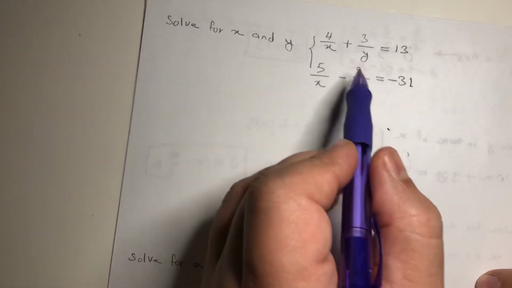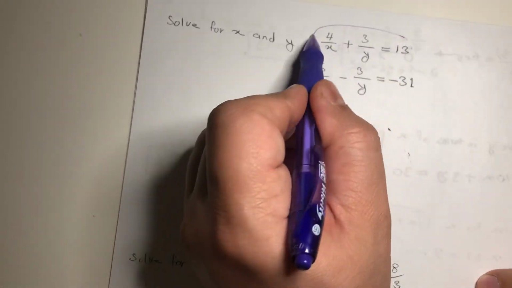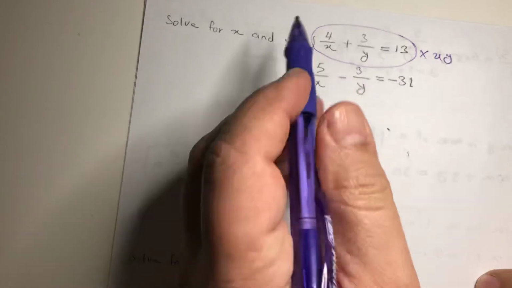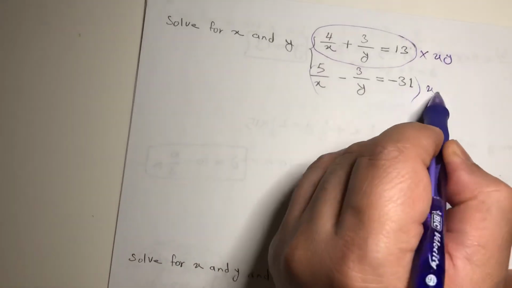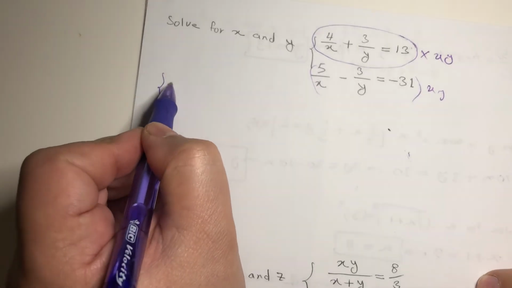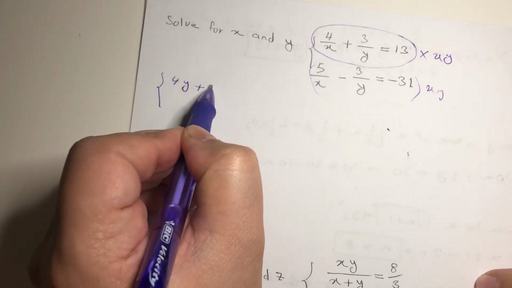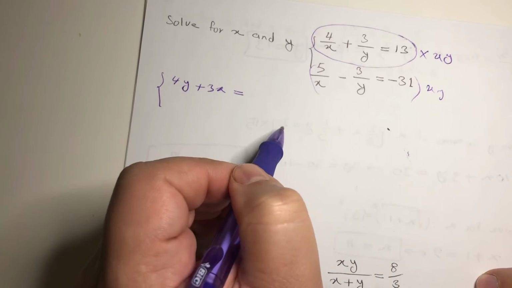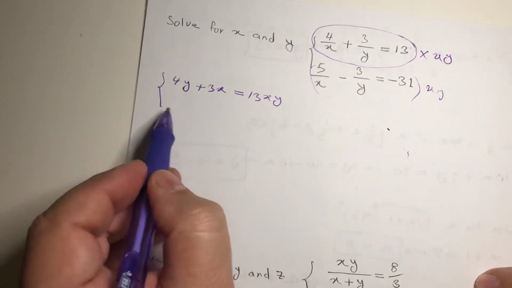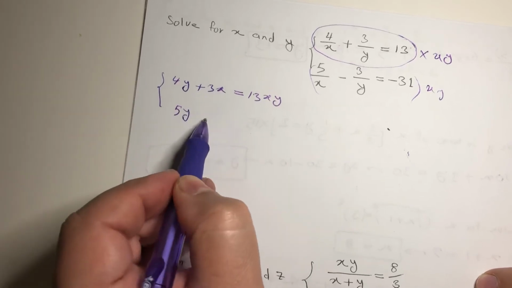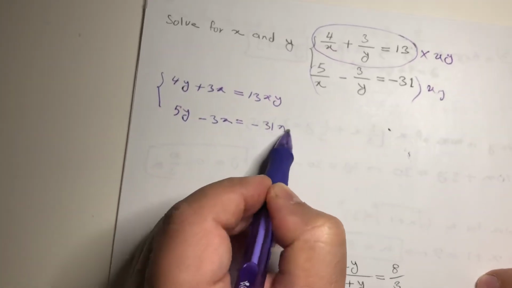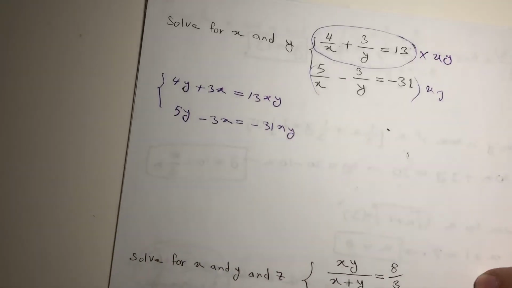In order to get rid of these denominators, you can multiply both sides by xy. Here again, xy. So the new equation would be 4y plus 3x equals 13xy. For the second, the same: 5y minus 3x equals minus 31xy, right?